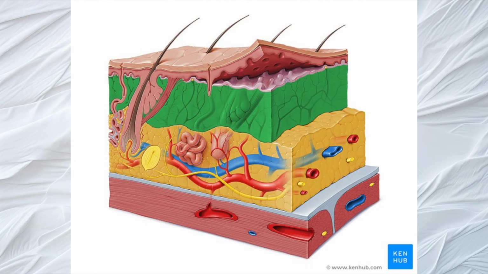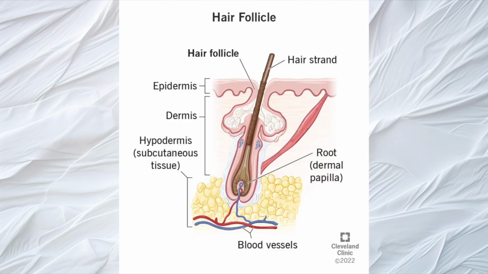Its duration is about 2 to 3 weeks. The next phase, telogen, or the resting phase. The follicle becomes inactive during telogen. No new hair is produced. The old hair remains attached. The follicle prepares for a new growth cycle. Its duration is about 2 to 4 months.